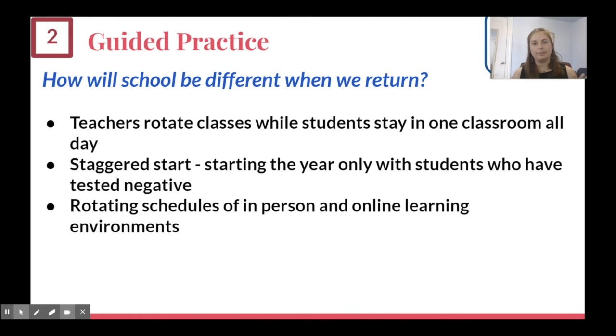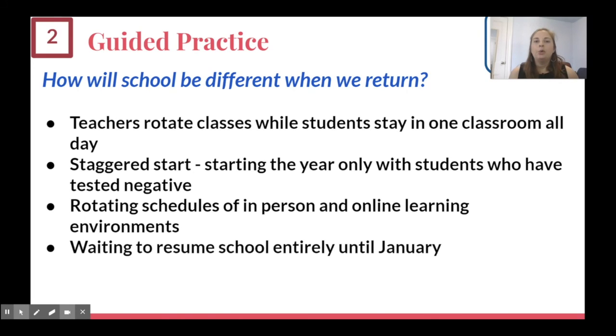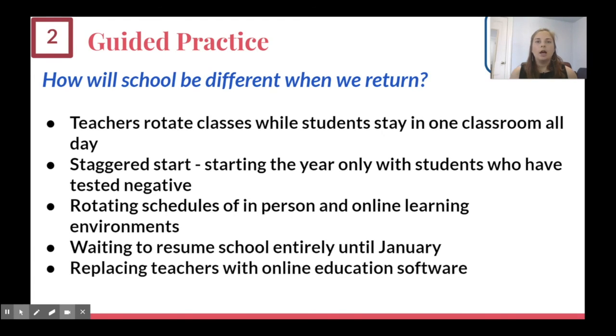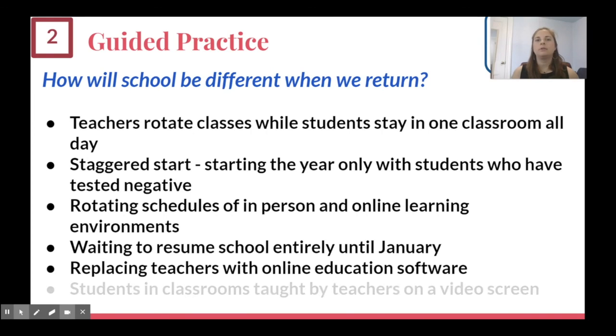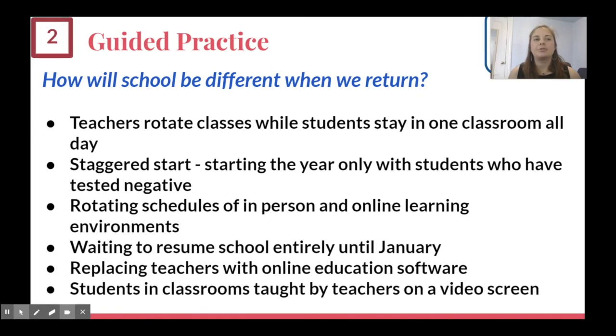So this is what's known as a blended learning environment. So sometimes you'd be in school, sometimes you'd be at home, but you'd always be learning. Waiting to resume school entirely until January. Replacing teachers with online education software. And then students in classrooms taught by teachers on a video screen. So those were some policy ideas suggested in the article.